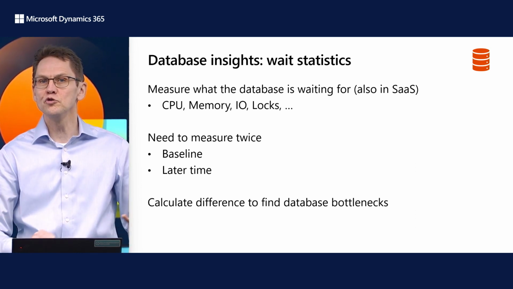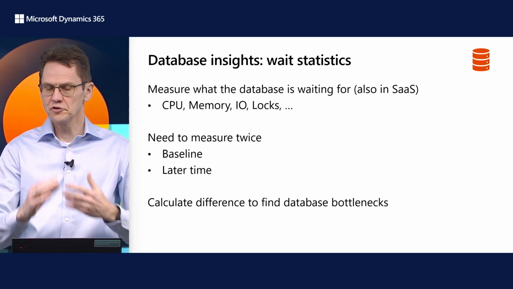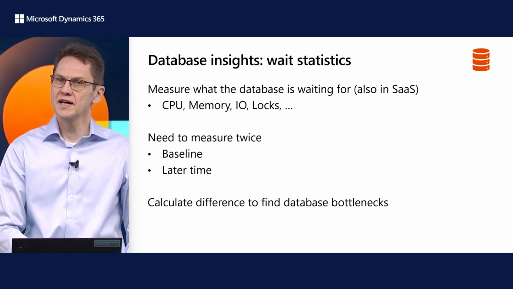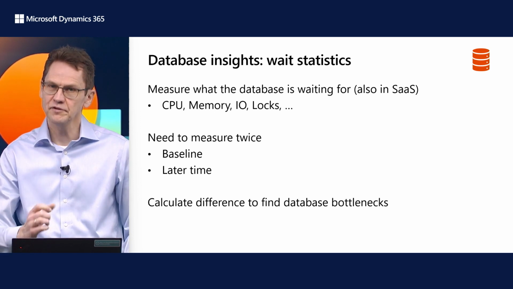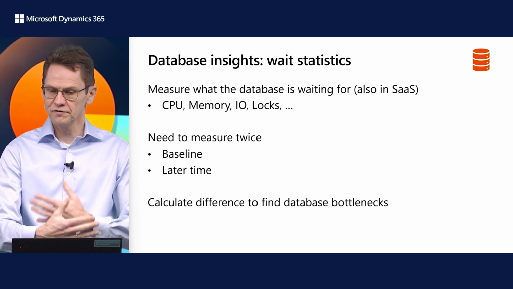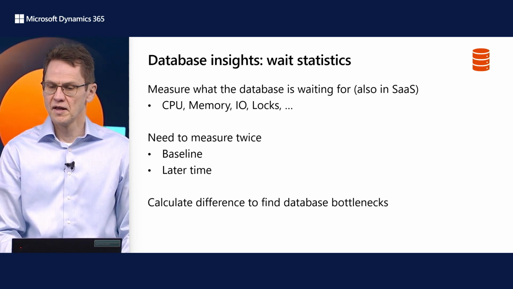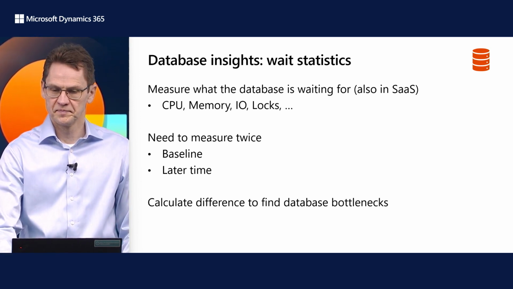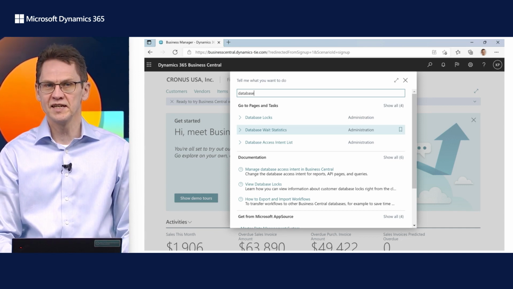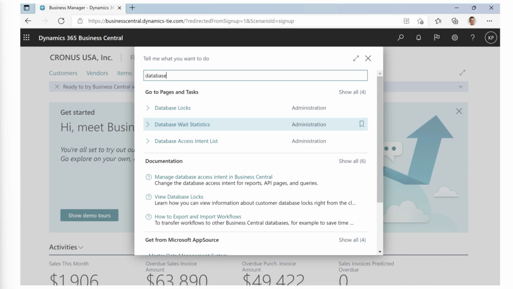In order to use this, you need to measure twice. You need to create a baseline before the operation and then measure again after the operation and subtract the two, and then calculate the difference and figure out where time has been spent. To do so, you will go to the database wait statistics page in the product.